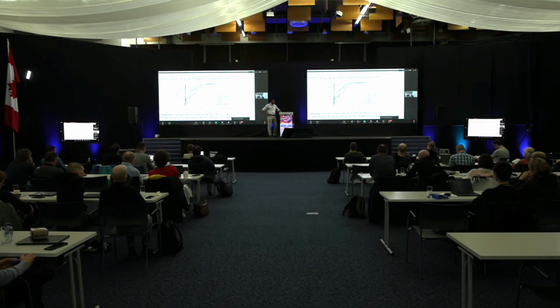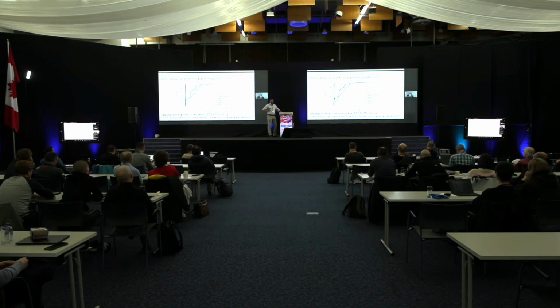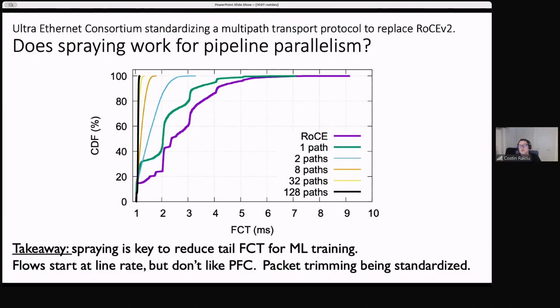With multipath, it's the same sort of API to the application. The application still does a single write, but the transport underneath basically changes the entropy in the packets. It cycles through 128 entropies, like 128 UDP source ports, right?